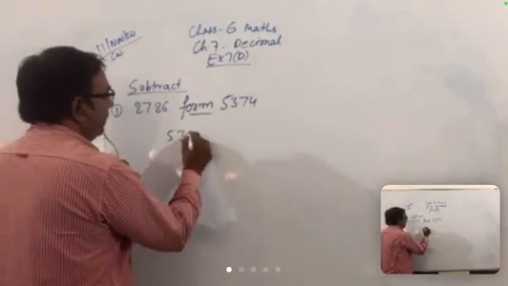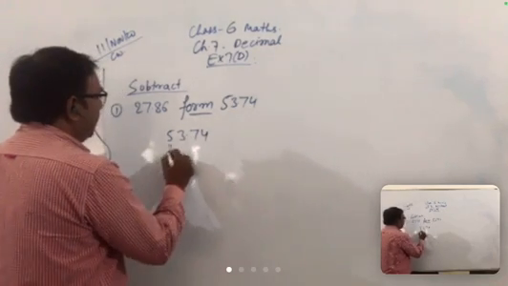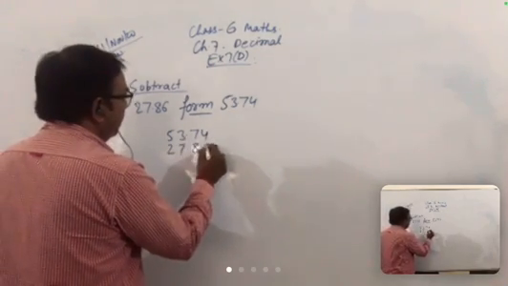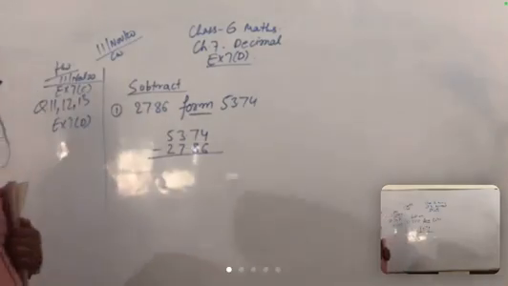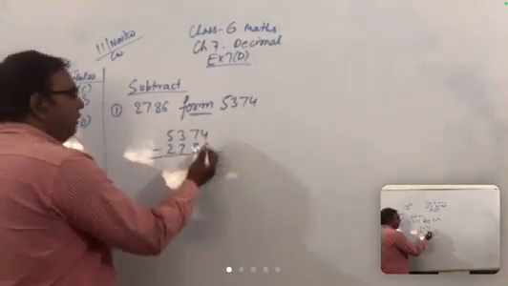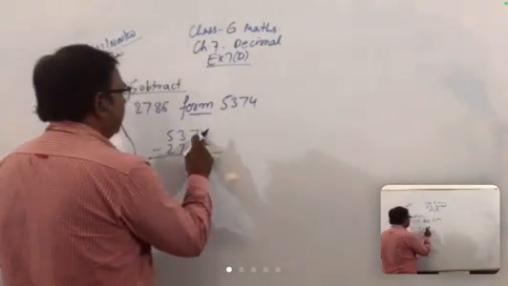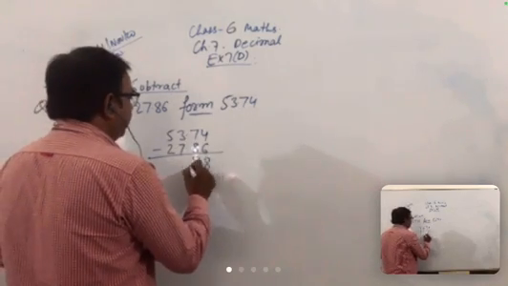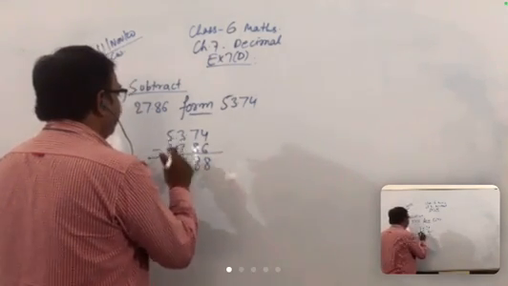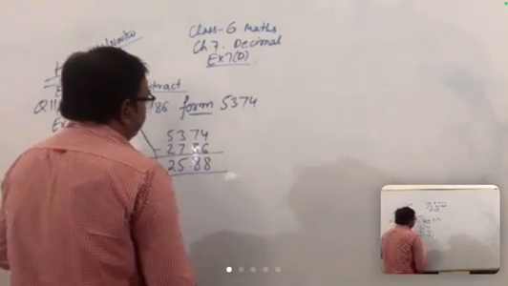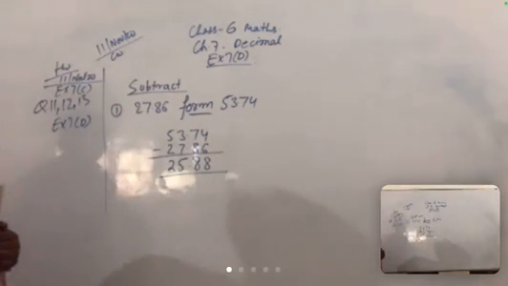So we write it like this, with the next number in between, and then subtract. Clear? So 14 minus 6 is 8, 16 minus 8 is 8, then 12 minus 7 is 5, and then 4 minus 2 is 2. The answer will be 25.88.